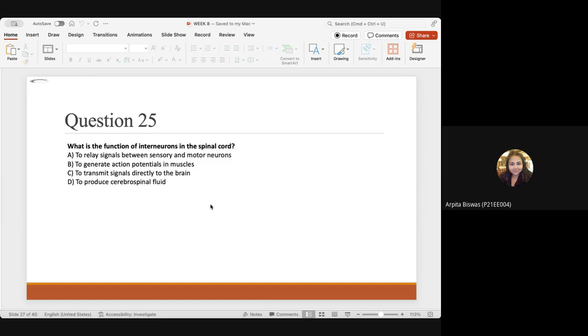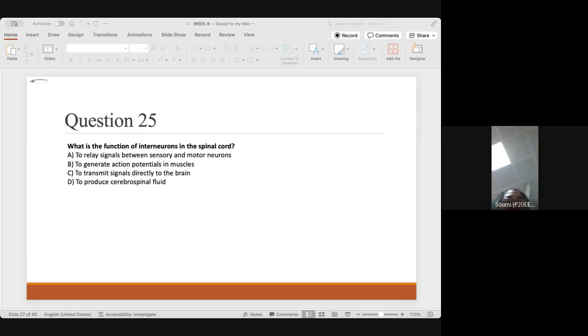So please go through the question carefully and try to find out the right option. So, what is the right option? Question number 25, the right option is option A, to relay the signal between the sensory and motor neurons.